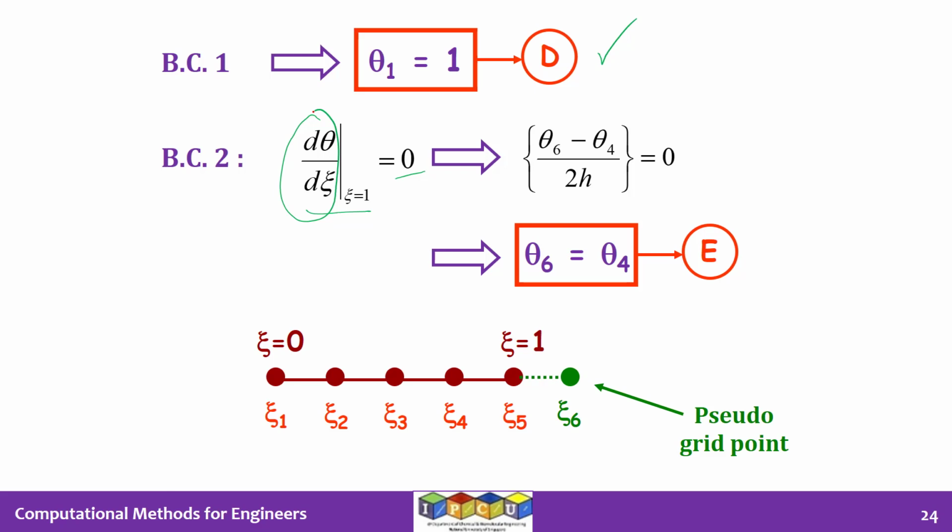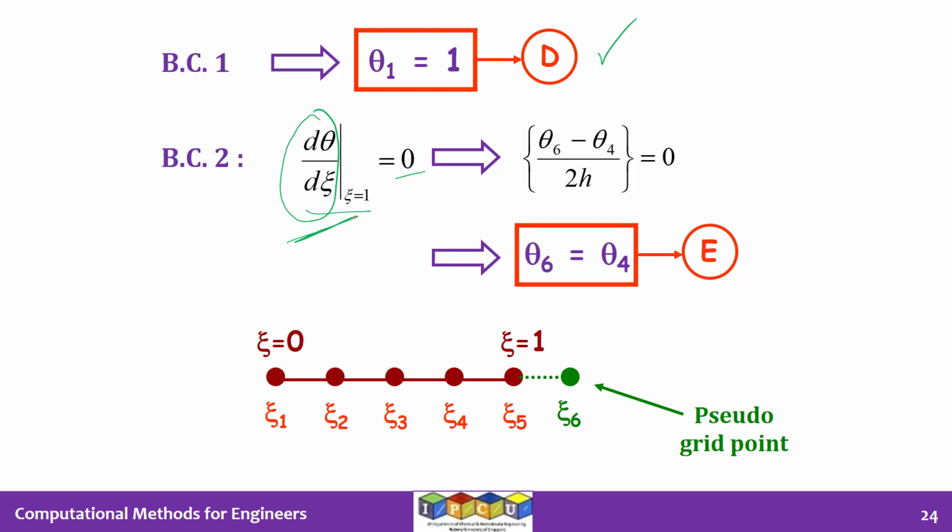So for d theta by d psi at psi equal to 1, we can choose a central difference approximation or let's say a 3-point backward difference approximation and so on. So there are always choices to do it. Here, I've chosen to use the central difference approximation for the first derivative at psi equal to 1.